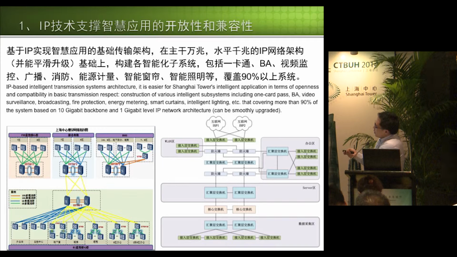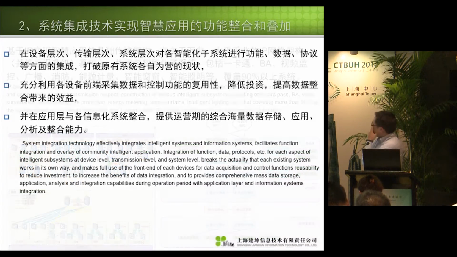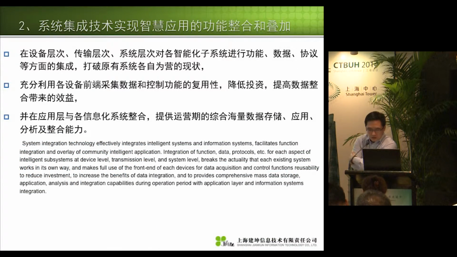And we have also installed redundancy facilities in order to guarantee the data security. And in terms of the system integration, we have also integrated and overlapped the application functionalities. So we have the integration of functions, data, and protocols in 3 layers, i.e. equipment layer, transportation layer, and system layer.